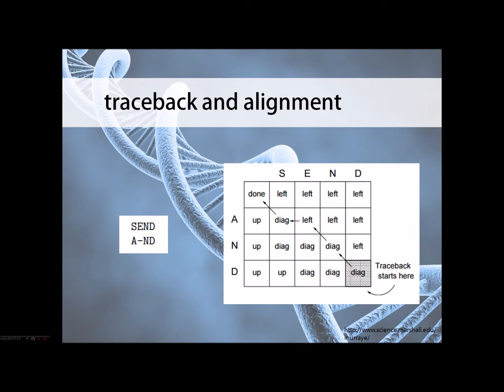So tracing back diagonally 2 times from the bottom right box, you align D and N. And when the traceback goes to a cell before it or above, you place a gap. In this case, the arrow is pointing towards the A, so you place a gap. So a gap is aligned with E, and then there's another diagonal, the final diagonal pointer. In that case, you just align S and A.